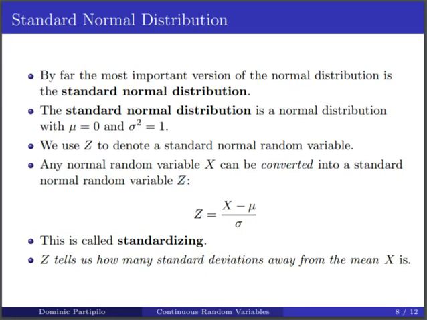And the way we do that is by subtracting the mean from x and then dividing by the standard deviation. And this is a process that's called standardizing, which I'm sure is a term you've heard before. And then this last part here is actually very important, and we'll go into it a little bit later. But basically, what z tells us is how many standard deviations away from the mean x is. And like I said, we're going to go into that a little bit later.